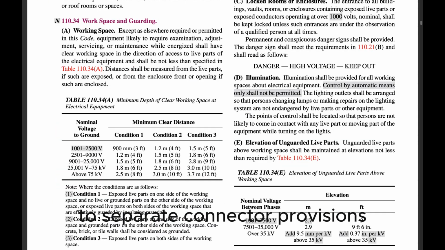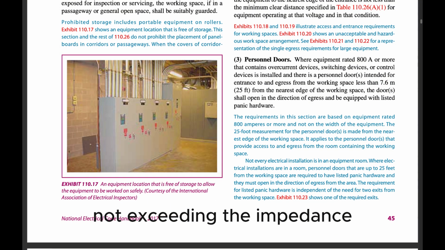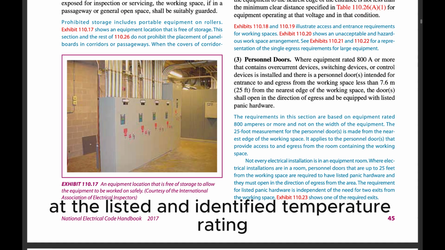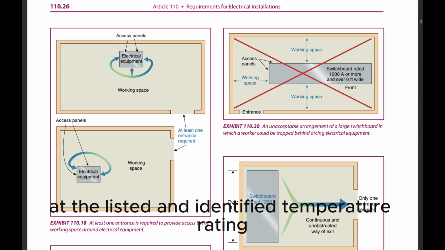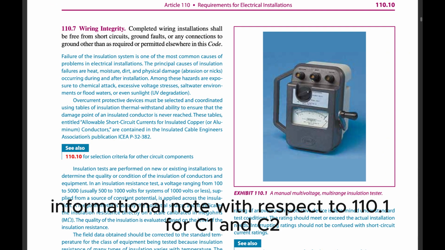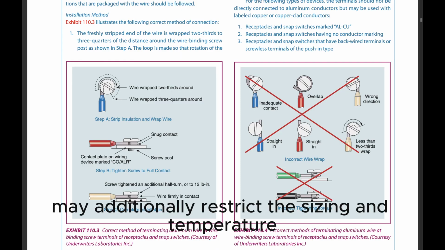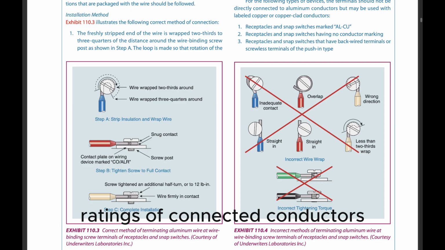(2) Separate connector provisions. Separately installed pressure connectors shall be used with conductors at the ampacities not exceeding the ampacity at the listed and identified temperature rating of the connector. Informational note: with respect to 110.14(C)(1) and (C)(2), equipment markings or listing information may additionally restrict the sizing and temperature ratings of connected conductors.